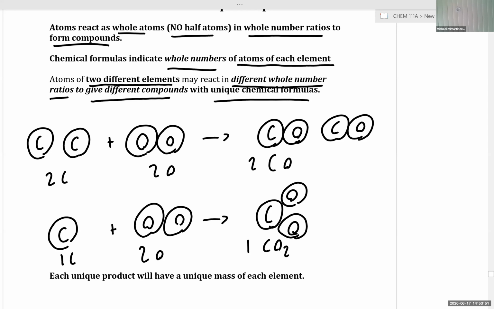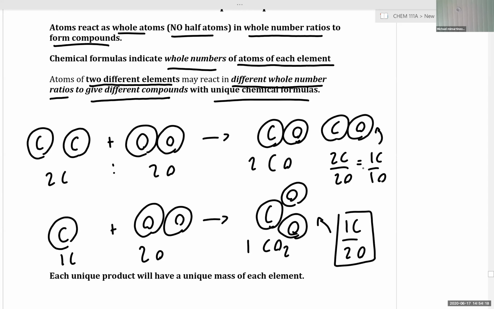So notice how, depending on the ratio of atoms that react, we end up with a different ratio of atoms in our product. We have 2 carbon atoms per 2 oxygen atoms, or 1 carbon to 1 oxygen, for carbon monoxide. For carbon dioxide, we have 1 carbon atom per every 2 oxygen atoms. So different compounds have a different ratio of atoms. Does that make sense?